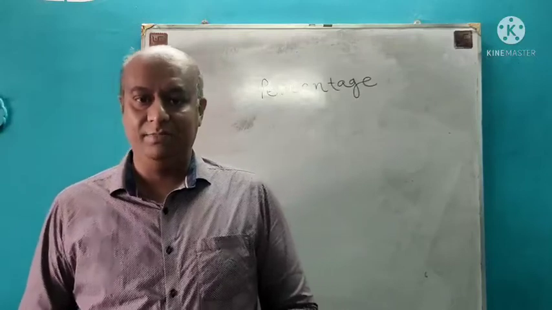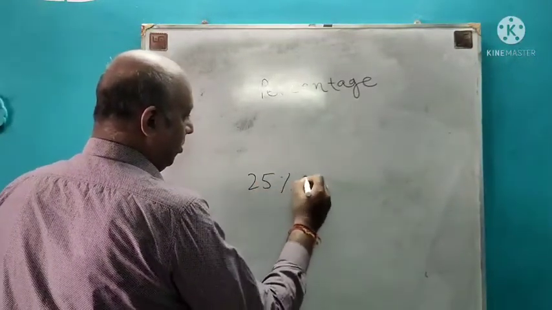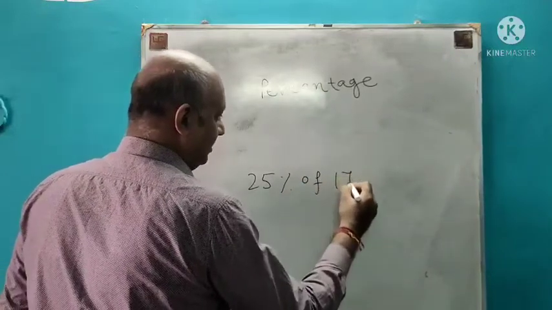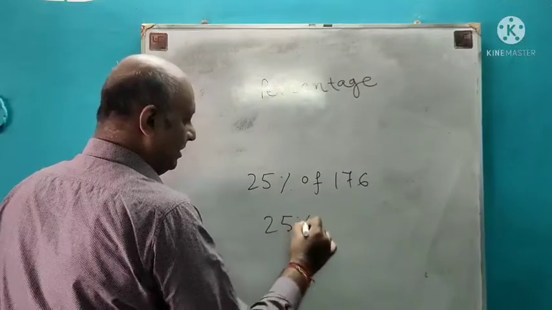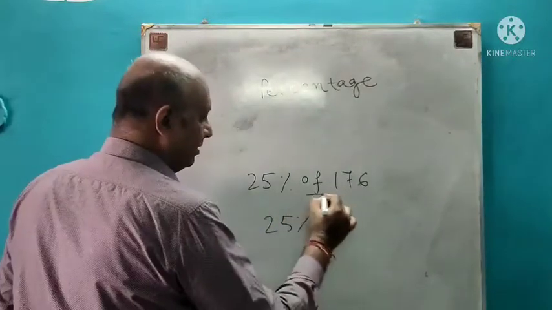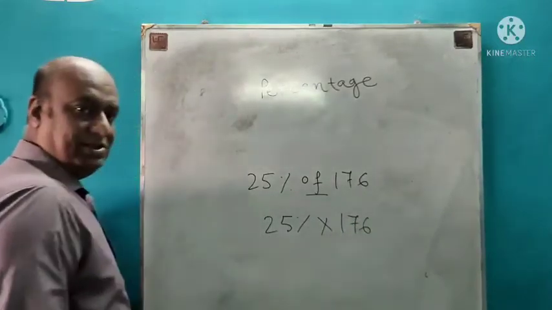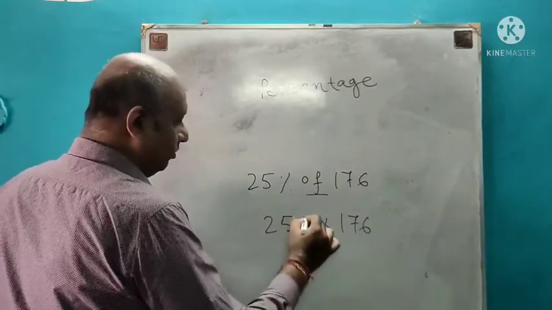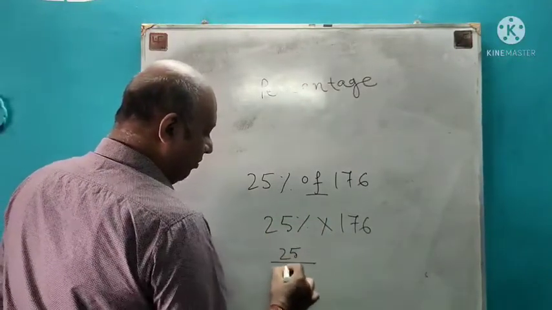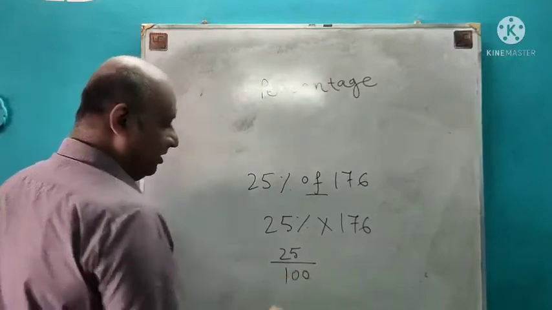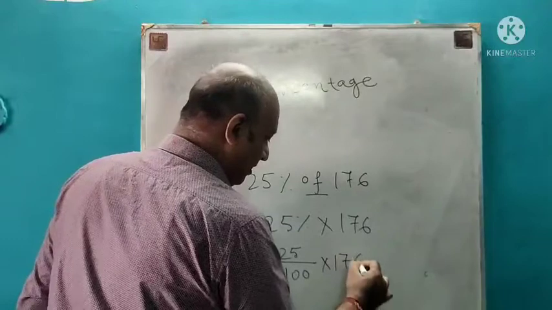Let's take another example. 25% of 176. In the same way, we will keep the 25% as it is, convert "of" into multiplication, and 176 will remain as it is. So now we have to remove the percentage symbol, and we remove the percentage symbol by dividing with 100 and the rest of the things remain the same.